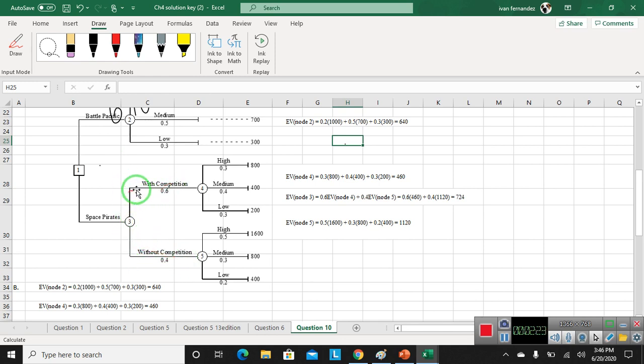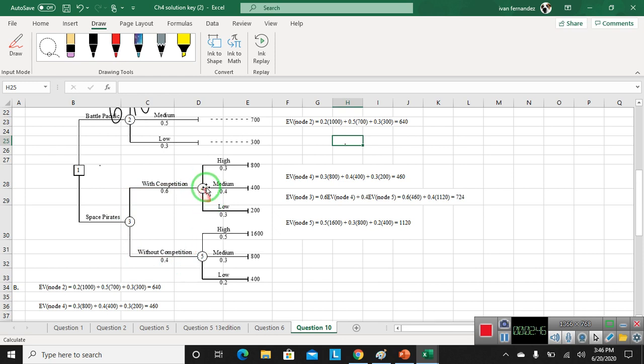You may have some competition or high competition 60% of the time and no competition 40% of the time. So you're going to have 2 different branches at this chance node. It is a chance node because you don't get to pick if you get competition or not. That's not up to you. That's chance.